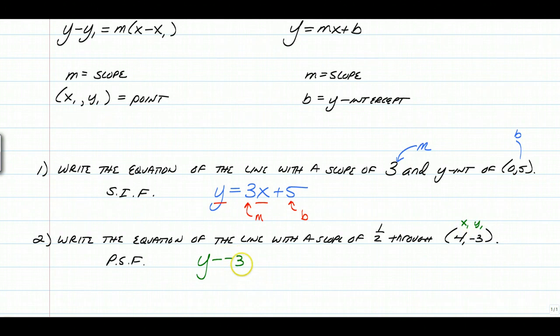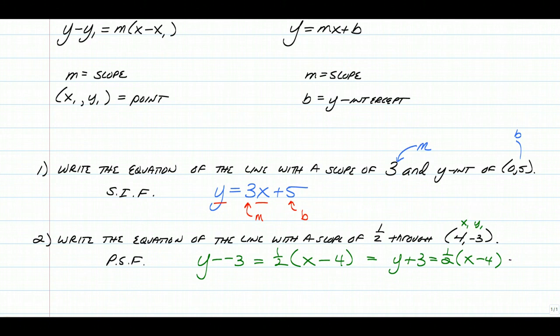So y minus a -3 is equal to our slope times x minus our x1 value, which is 4. And of course, minus a negative would just turn into y plus 3 is equal to 1/2 times x minus 4. And that is point-slope form, and you would leave it alone right there.